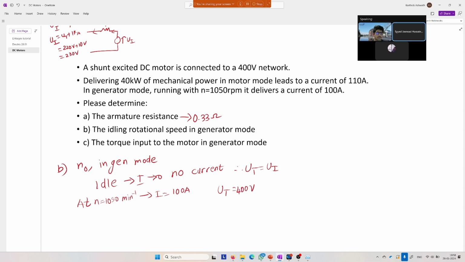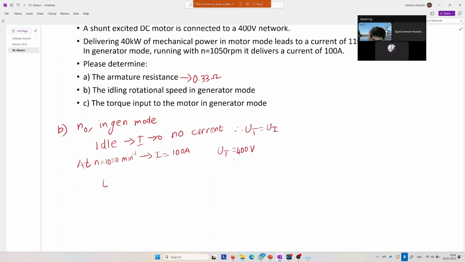In the idle condition, UI has to be UT, because if you rotate the shaft any slower than that, the induced voltage is below the network voltage and it starts consuming current from the network, which we don't want. We want to make a generator.